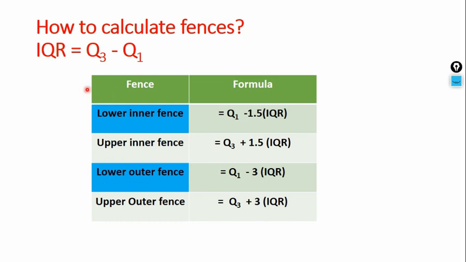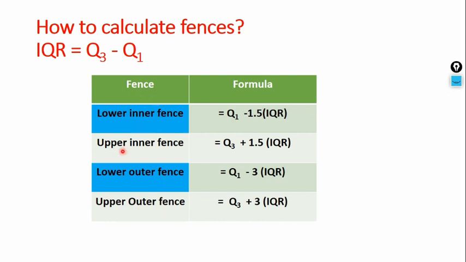What do you mean by fences and how to calculate them? We have discussed IQR, Q3 minus Q1. There are 4 types of fences: lower inner fence, upper inner fence, lower outer fence, and upper outer fence.